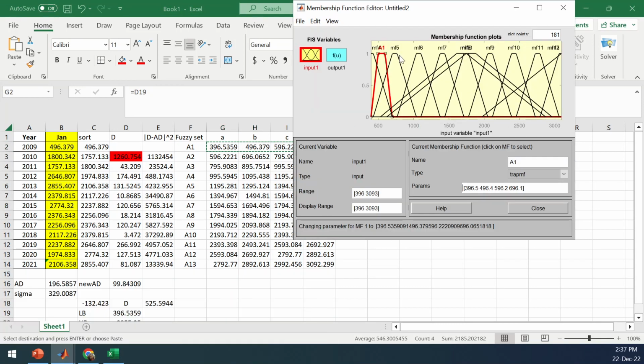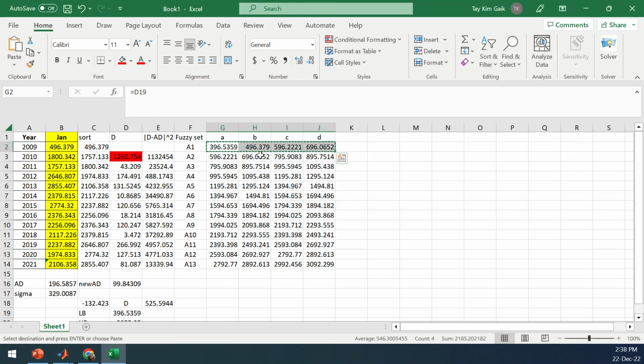MF2, label it as A2. I use trapezoidal. This is the automatic adjustment, but I want to use the values here.